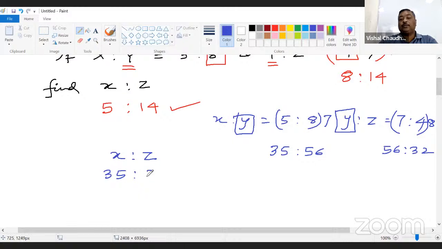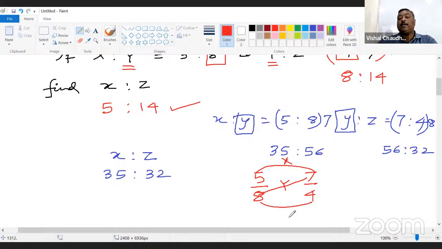So your answer x is to z will be 35 is to 32. Let's take a shortcut of this. Now what is the shortcut of this? You write 5 by 8 here and you write 7 by 4 here. Now when you multiply here, you will get your value of x. When you multiply here, you will get the value of y.